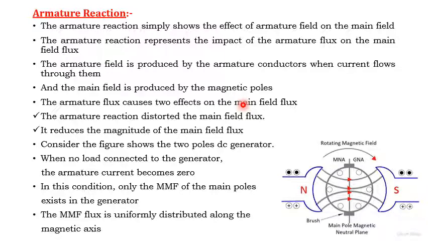One field flux is produced by the armature, so that is called the armature field, which is produced by the armature conductors when current flows through them. And there is one more field, called the main field, which is produced by the magnetic poles.